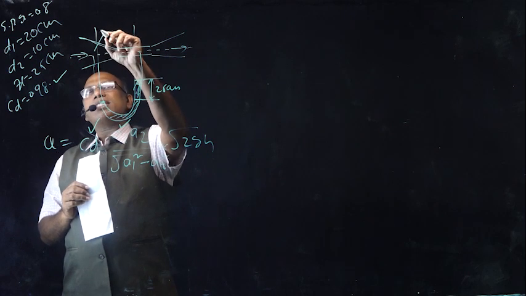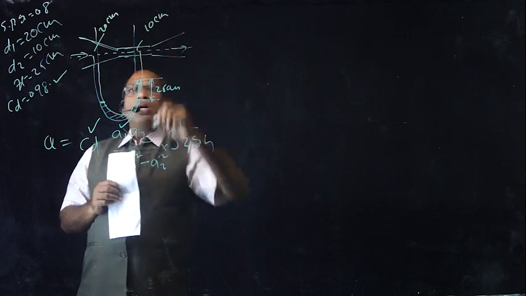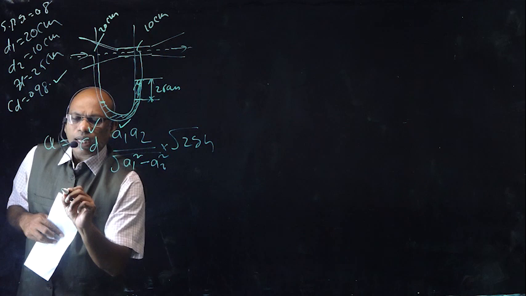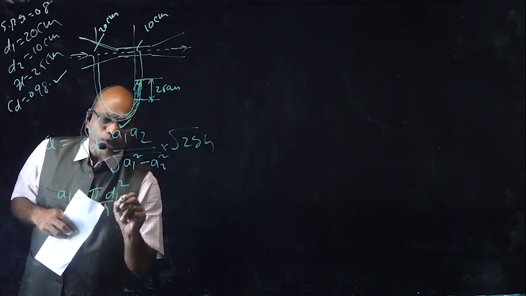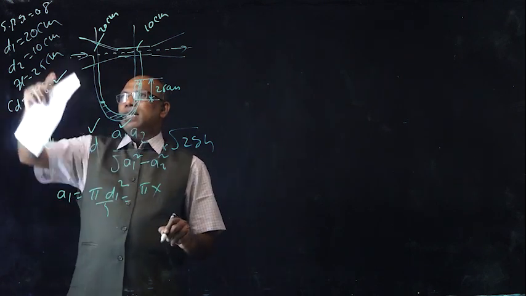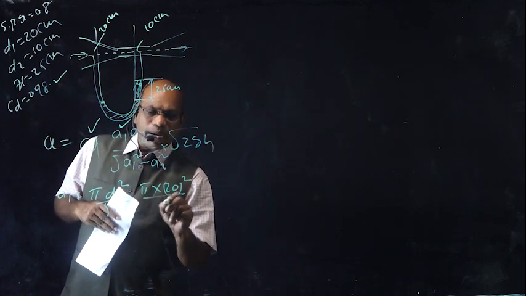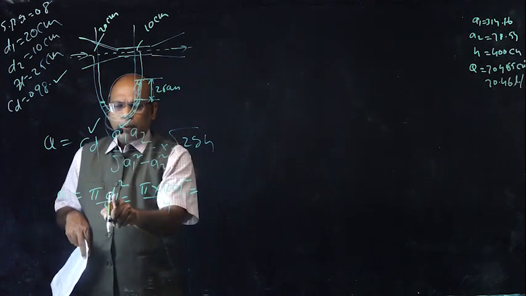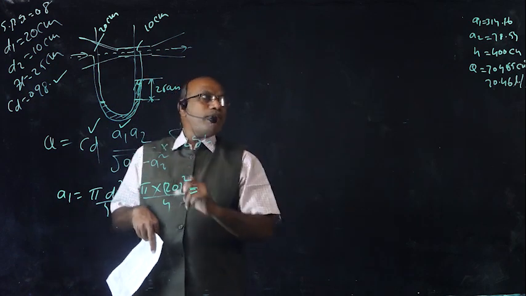The inlet diameter is equal to 20 centimeters and throat diameter is equal to 10 centimeters. Based on the 20 centimeters diameter, cross-sectional area A1 is equal to pi d1 square by 4, which is pi into 20 square divided by 4.